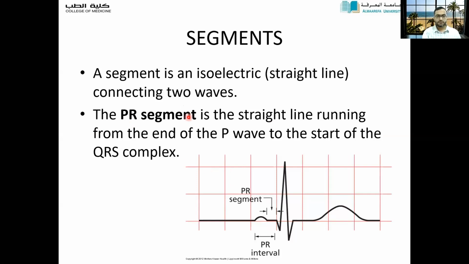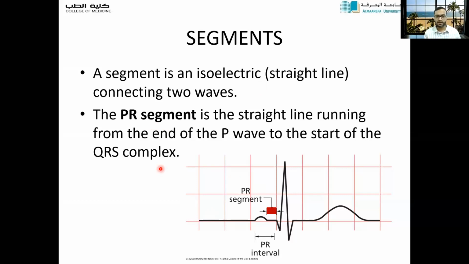Coming to segments. As I told you, there are two segments which we are going to check here, the PR segment and the ST segment, and they are always isoelectric. Coming to the PR segment, this is from the end of the P wave to the beginning of the QRS complex. This PR segment gives you the time delay that occurs at the AV node for the passage of the impulse.